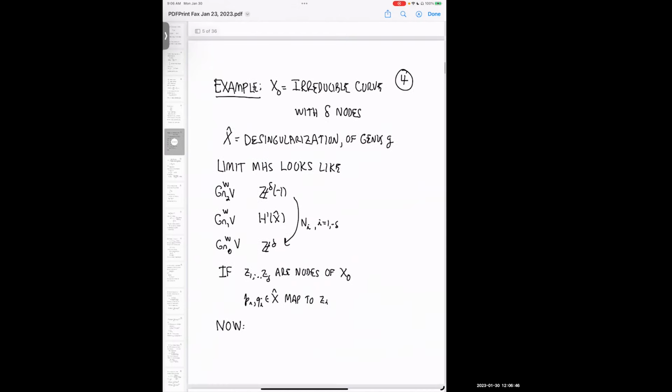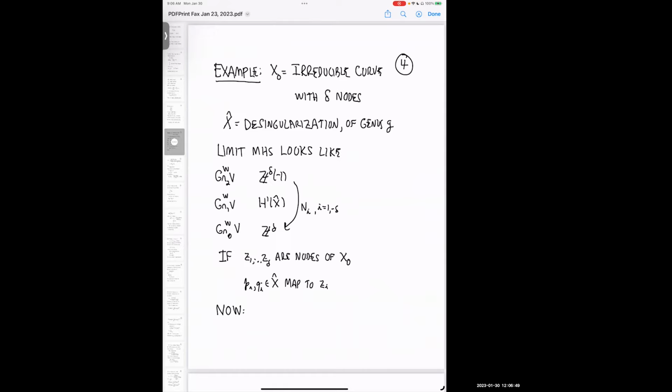So I wanted to do a very elementary example to show that this is an interesting set of invariants. If you have an irreducible curve with delta nodes, and X hat is its desingularization, then we can think of this as a degeneration of the universal family.